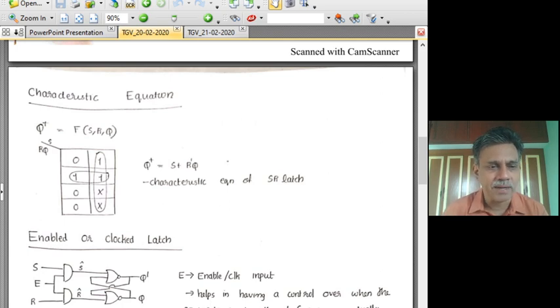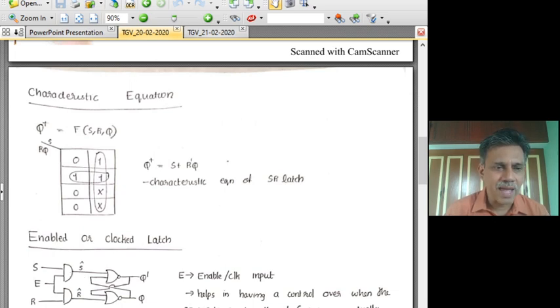What we have simply done is, before taking the SR inputs to be given to this cross-coupled NOR configuration, we have put two AND gates, and the actual external S and R are first given to these AND gates. A common input to both these AND gates is this E input, or the enable input.